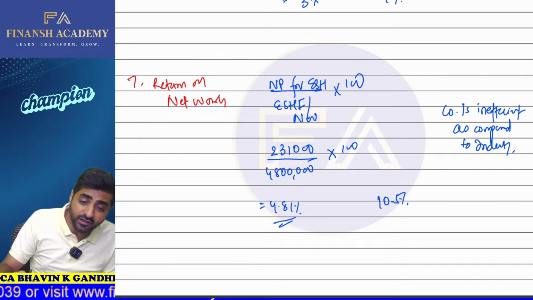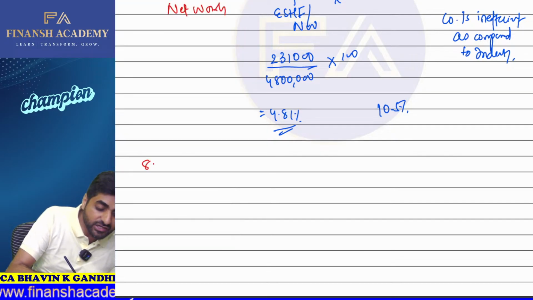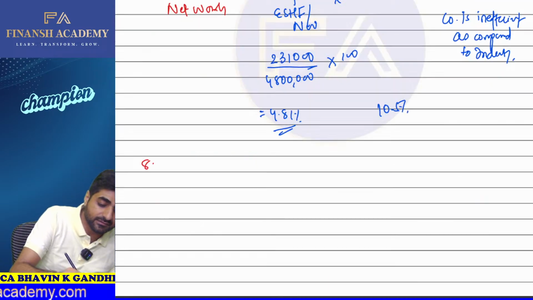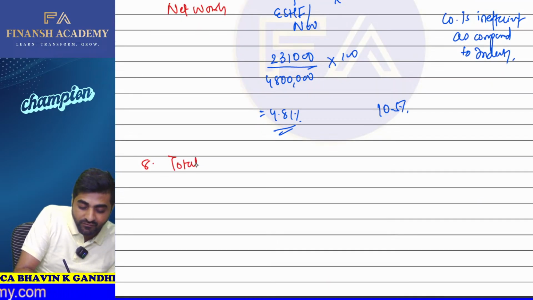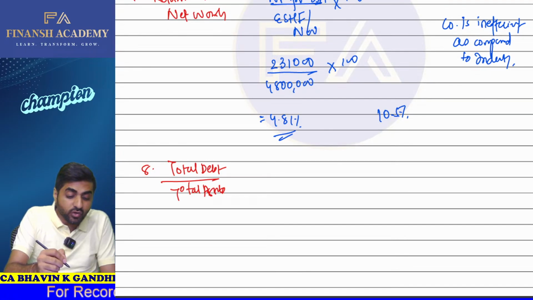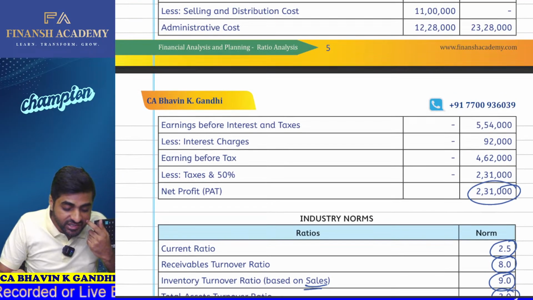Then continuing further, the eighth ratio. So many ratios are there. The last one is total debt to total assets. We are going to have total debt upon total assets. So what is your total debt? You can just check.